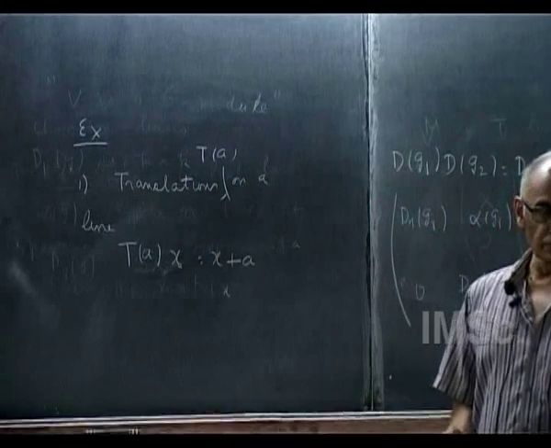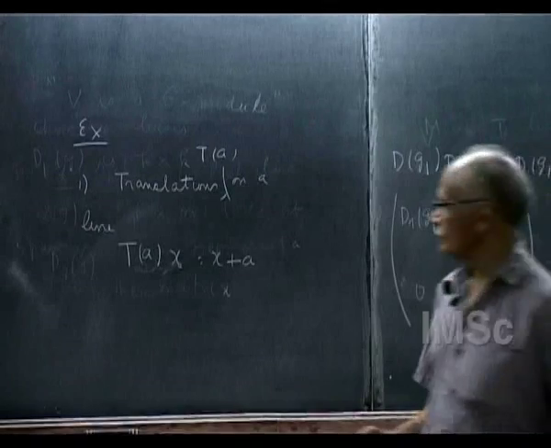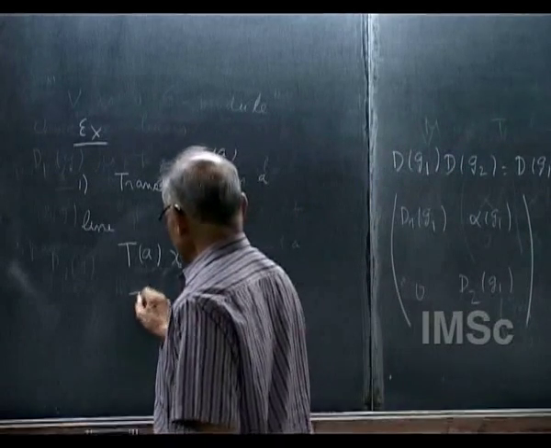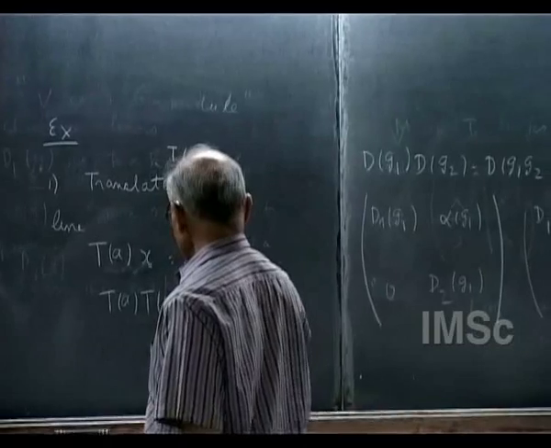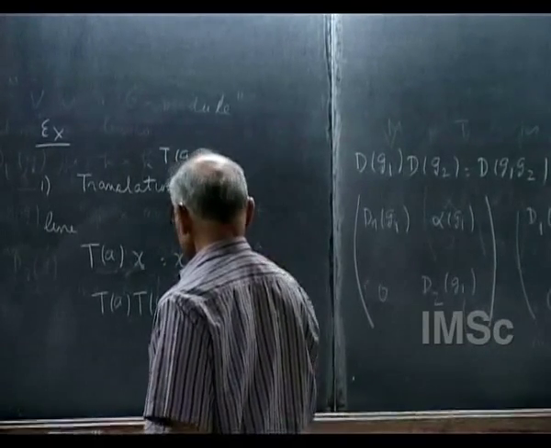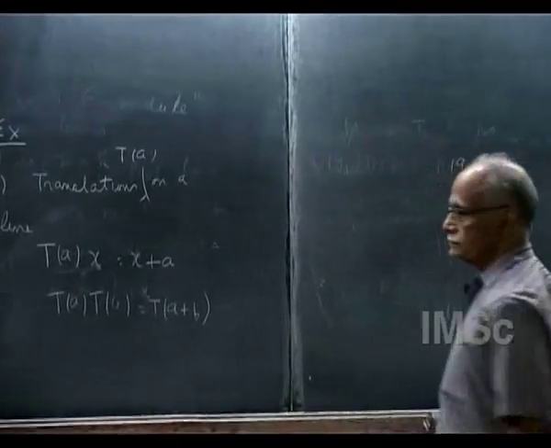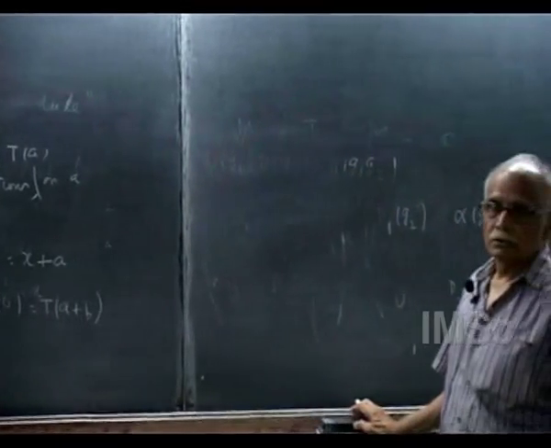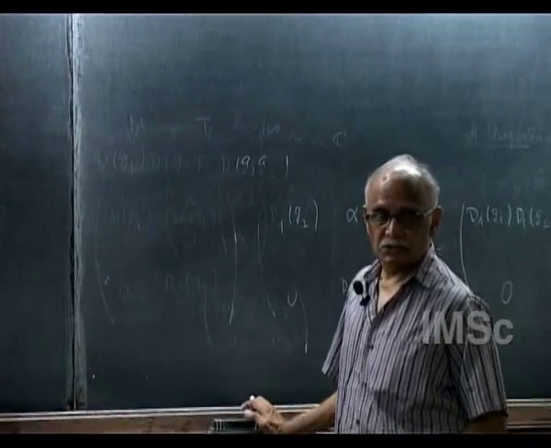We looked at it last time. Then T_a T_b is T_(a plus b). We found a matrix representation of this one last time.